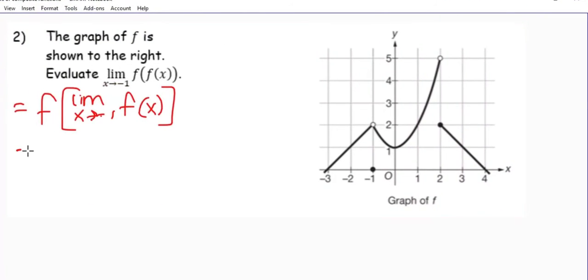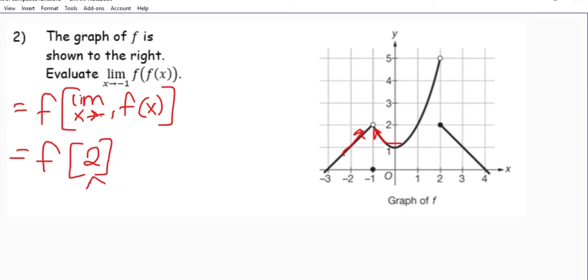Let's see what we get. The limit as x approaches -1, coming from the left and from the right, would be the number 2. So I put the number 2 in there. Then the question becomes, what is f of 2?